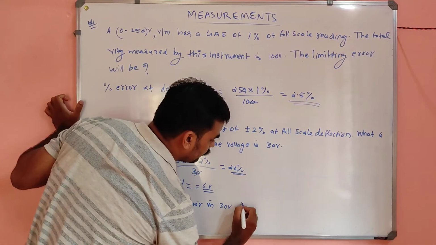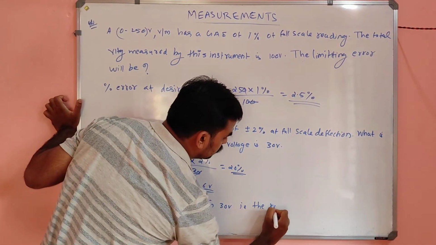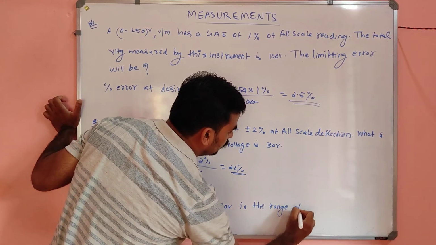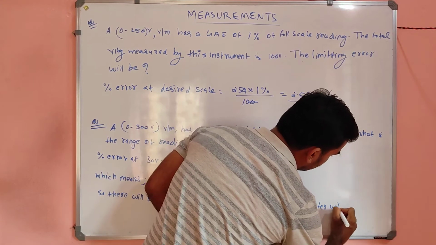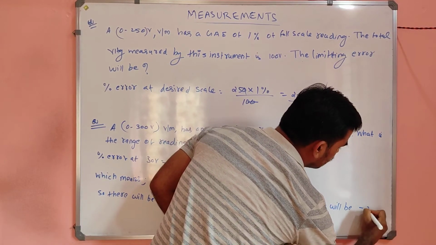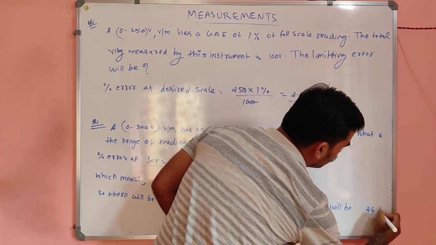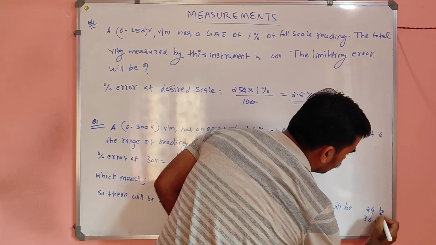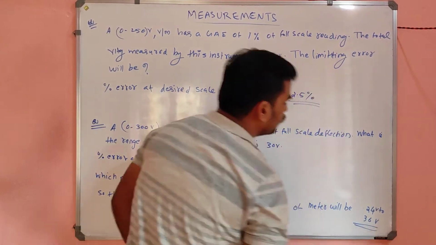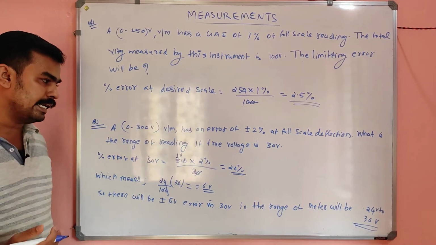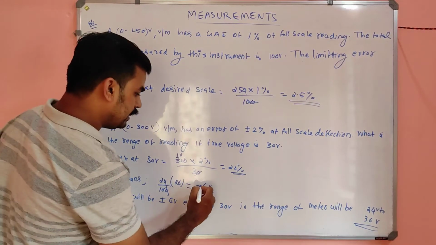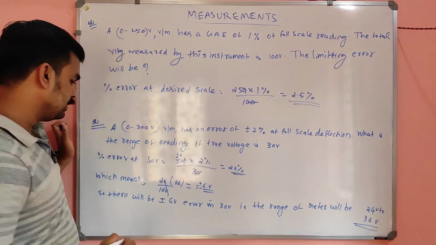That is, the range of the meter will be 24 to 36 volt. Am I correct? Plus or minus 6 volt changes will be there, my dears.